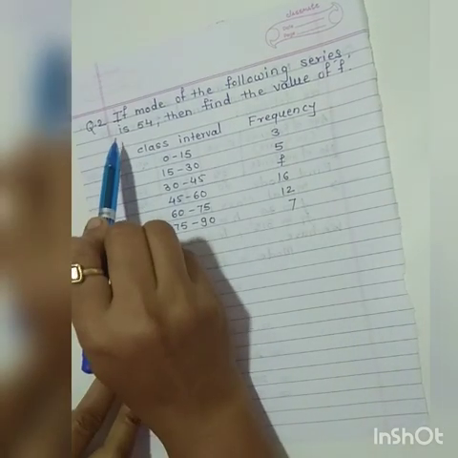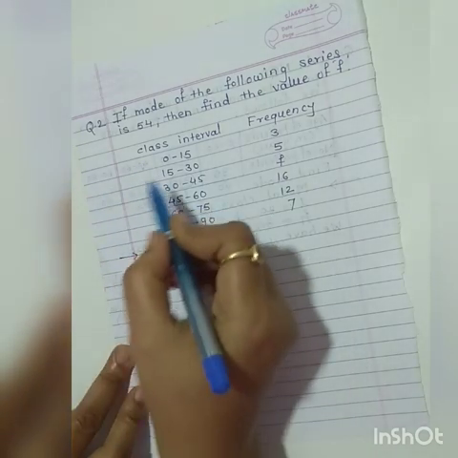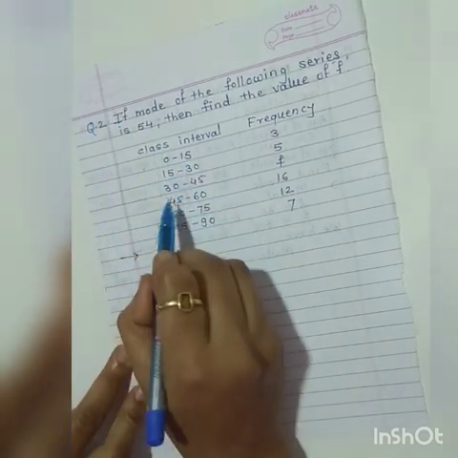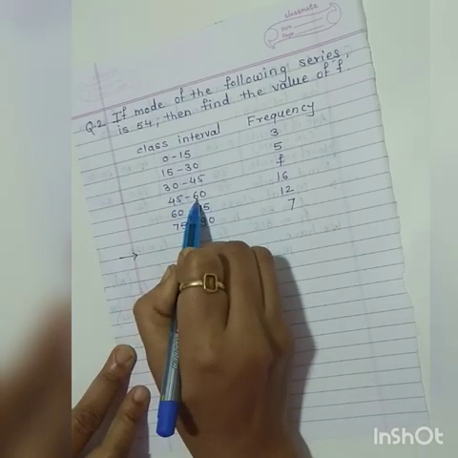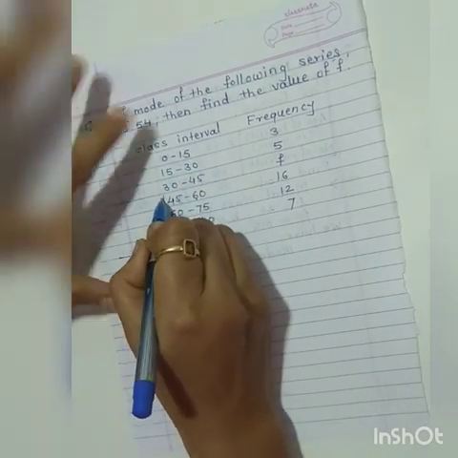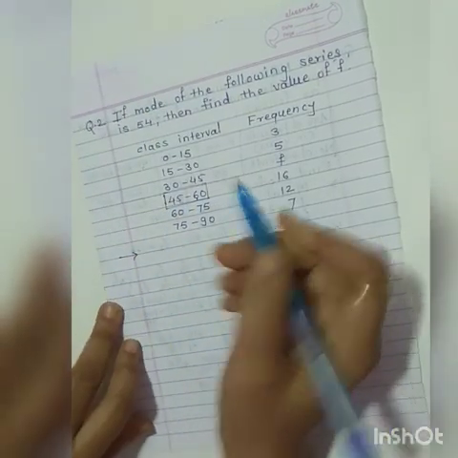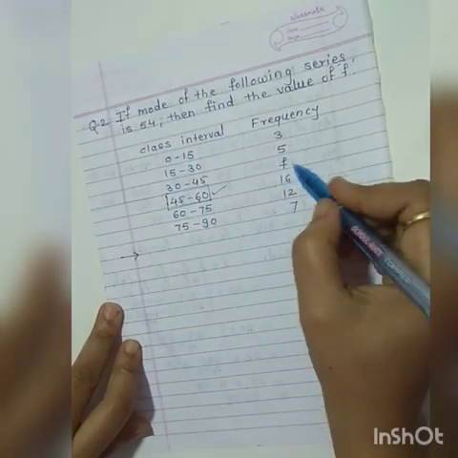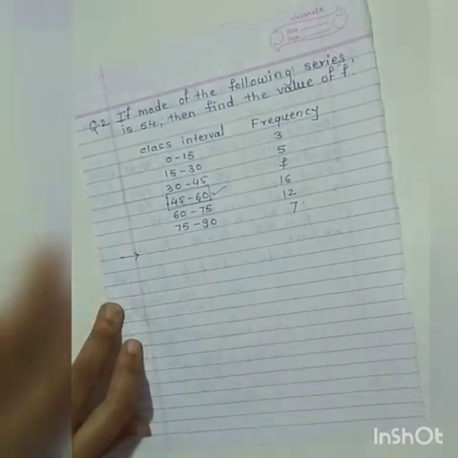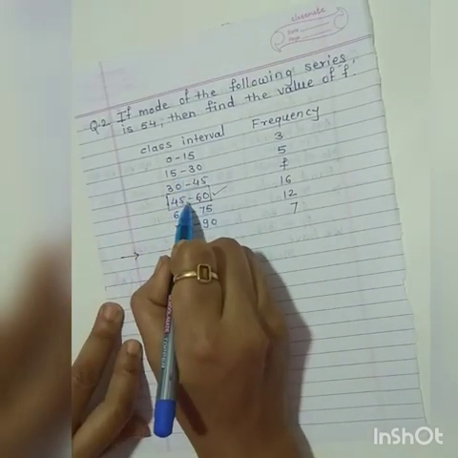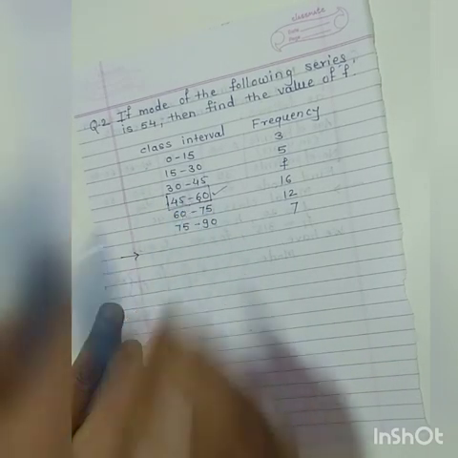Now see, the mode of the given data is given. It is 54. Now this number 54 fits in this class, that is 45 to 60. So this 45 to 60 is the modal class here. So when one frequency is missing, you now understand how to decide the modal class: see in which class the given mode fits, and that is your modal class.